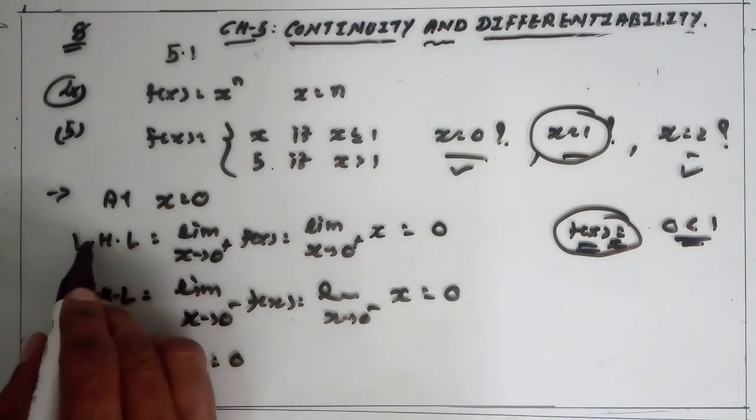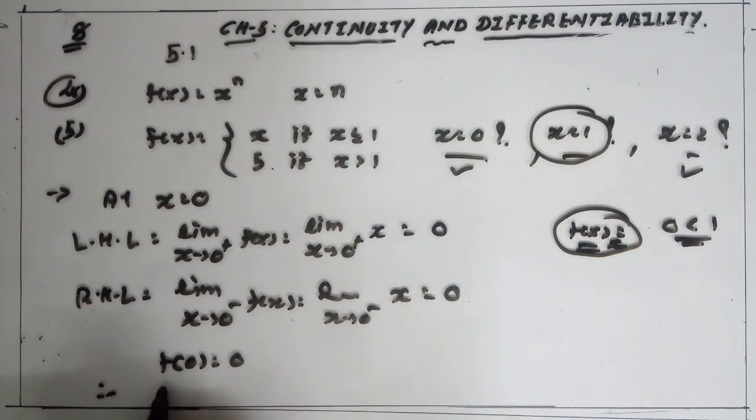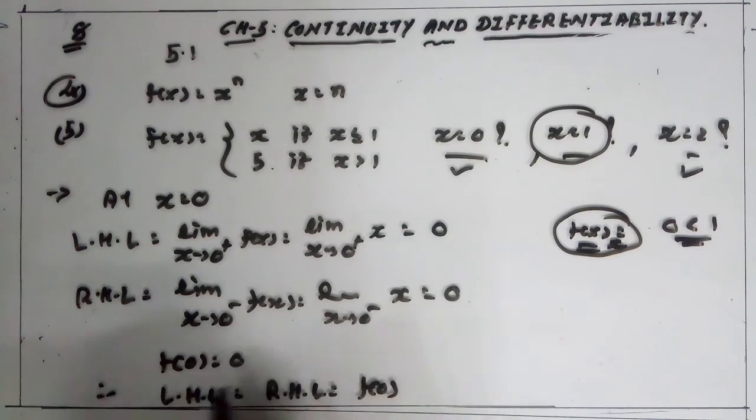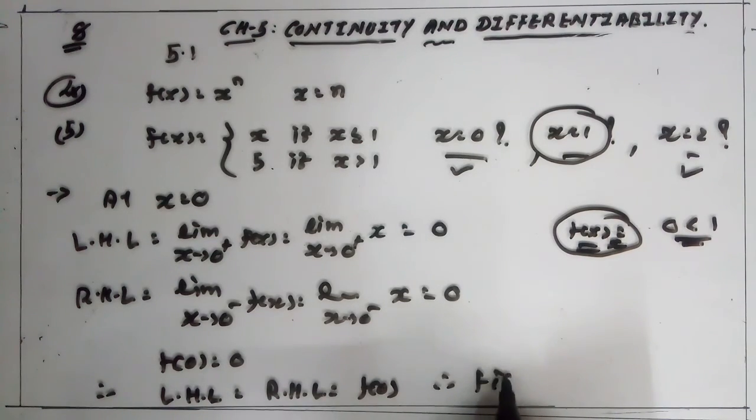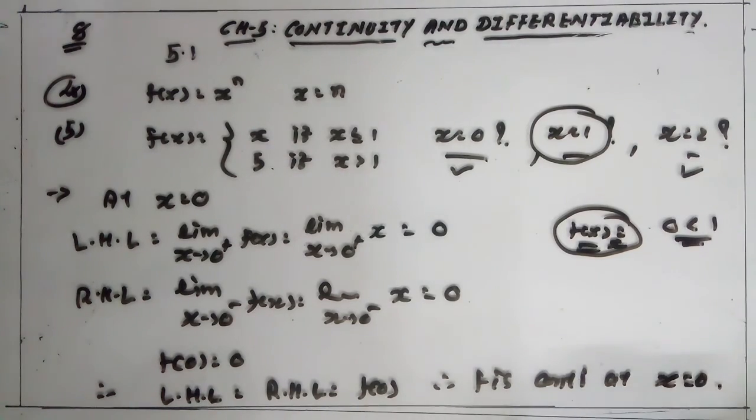Therefore LHL is equal to RHL is equal to f of 0. So f is continuous at x is equal to 0.